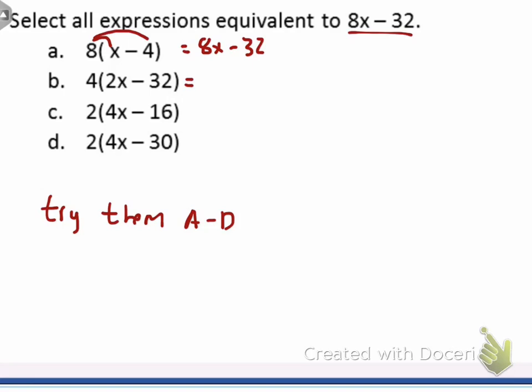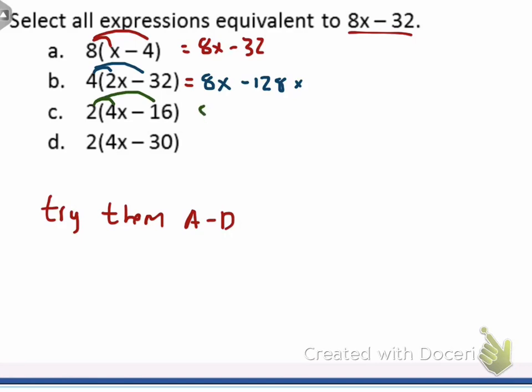4 times 2 again, so we got to multiply. Now let me do a different color here. 8x minus, and then 4 times 32, that's a big number. That's 128. So this one doesn't work. Okay, see? 2 times 4 and 2 times 16.